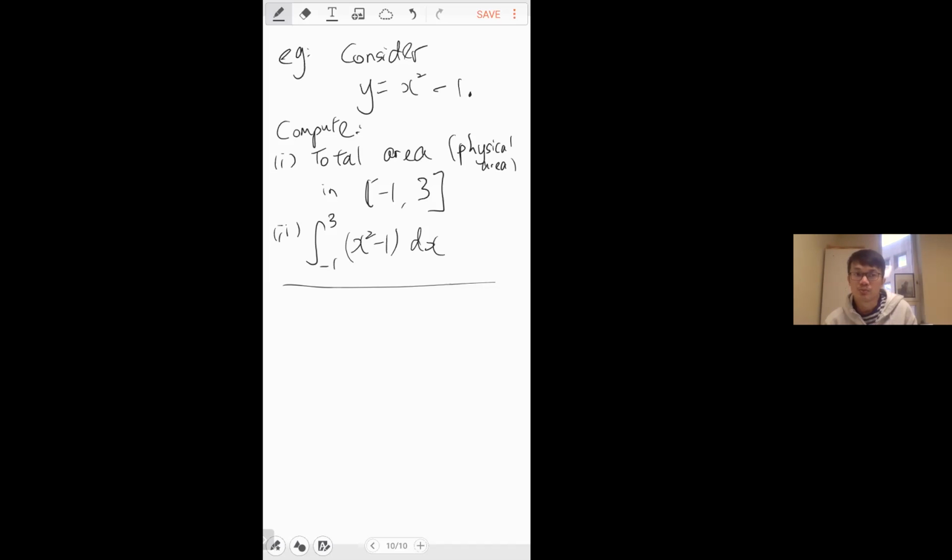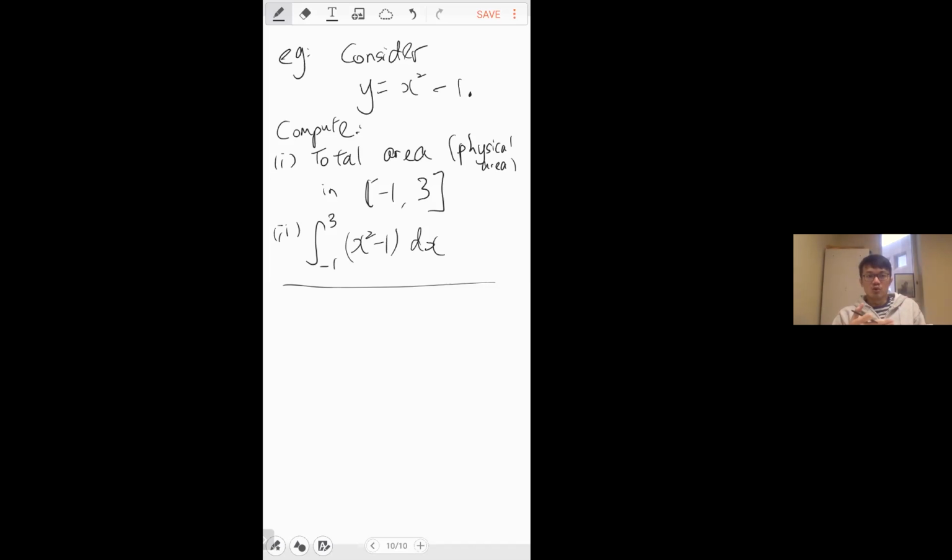Yep, good point. Total area includes below the graph. For total area, you actually need to look at the graph, and you only care about the physical area. You don't care about whether it's above x or below x.